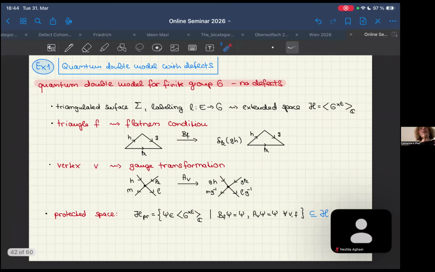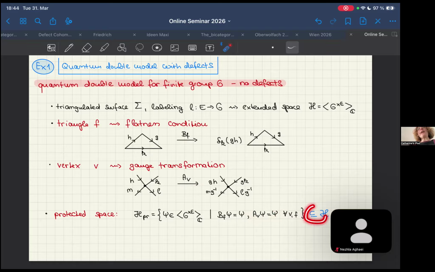And then we can consider the linear subspace of this extended space that consists of those vectors that are invariant under these phase operators that implement the flatness condition by multiplying with deltas, and that are invariant under these operators that perform a gauge transformation.